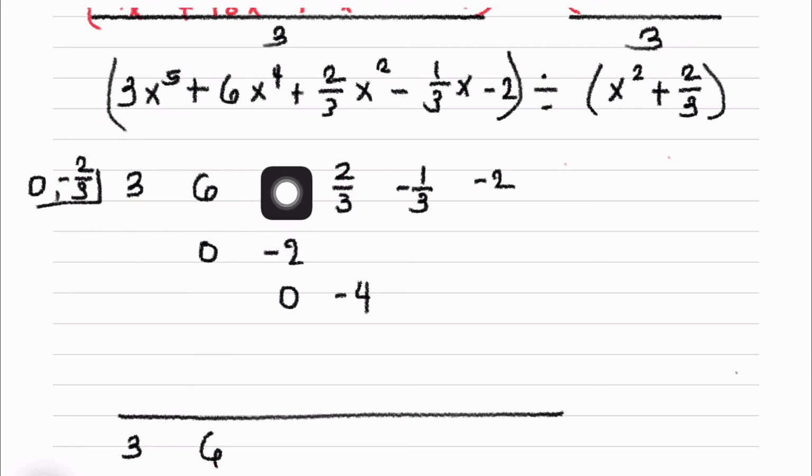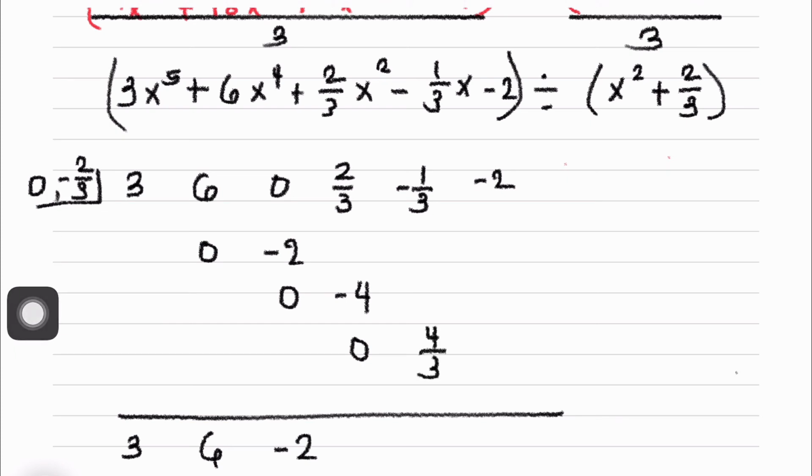Now add 0 plus negative 2 and 0, that is negative 2. Now, negative 2 times negative 2/3 is positive 4 over 3. Paano nangyari? Negative 2 times negative 2 is positive 4 over 3. Now, what is the sum of this? 2/3 plus negative 4. 3 times negative 4 is negative 12.